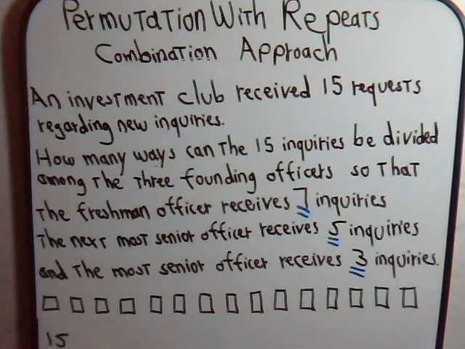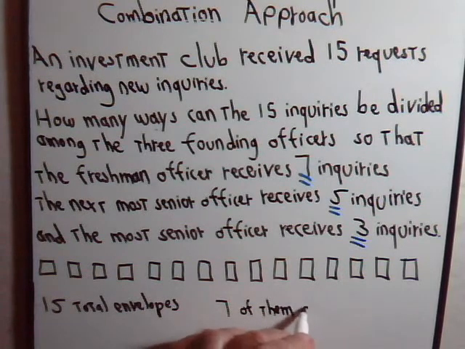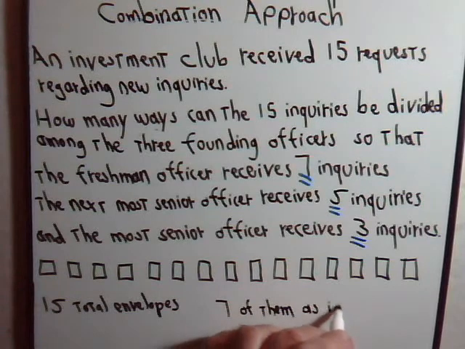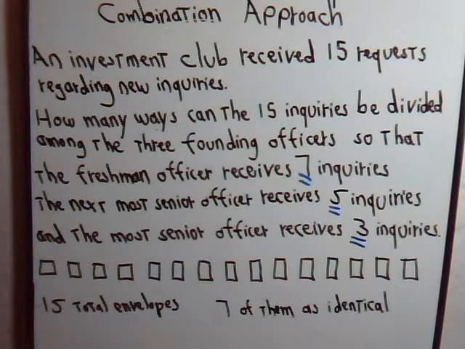So we consider 15 total envelopes. But here then, since 7 of them are going to one location, we'll consider them as identical, because they're all targeted for just one person.